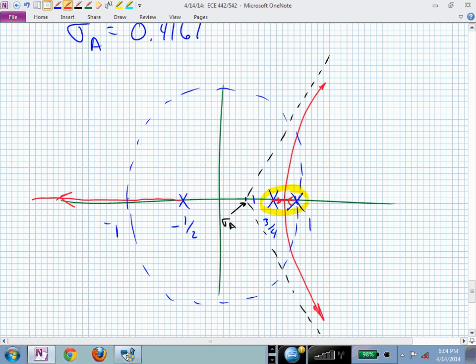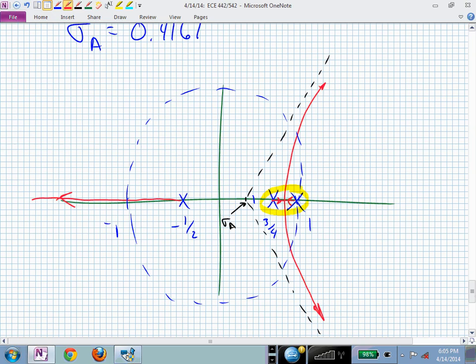Could you check that very easily? Could I ask you to find the gain K that would drive one of your poles to z equal -1? Can you calculate that? This is another question for the exam.